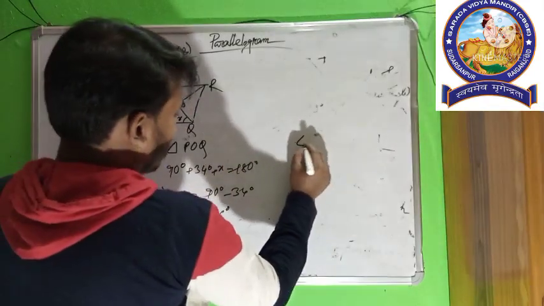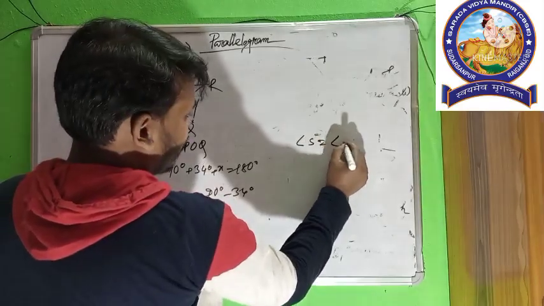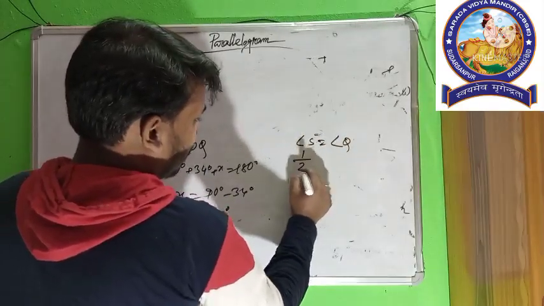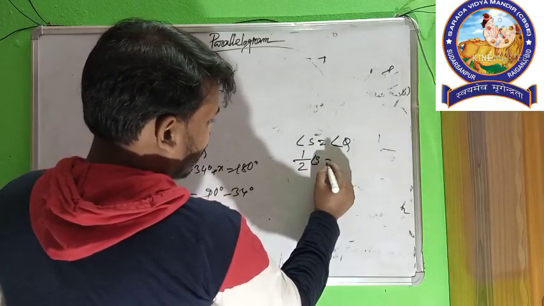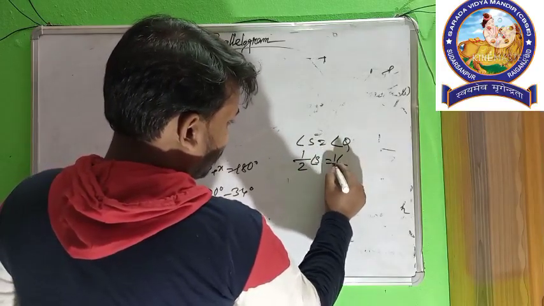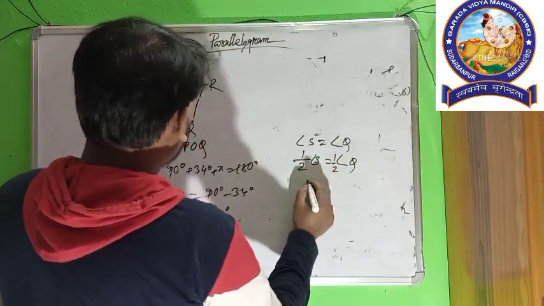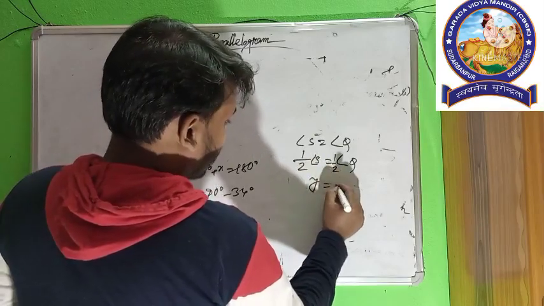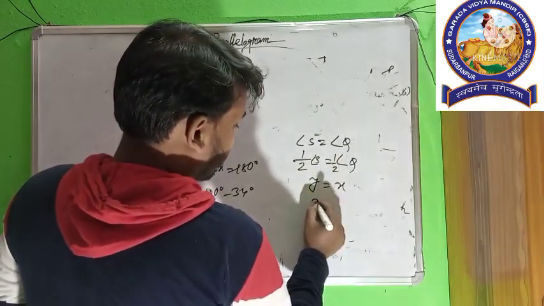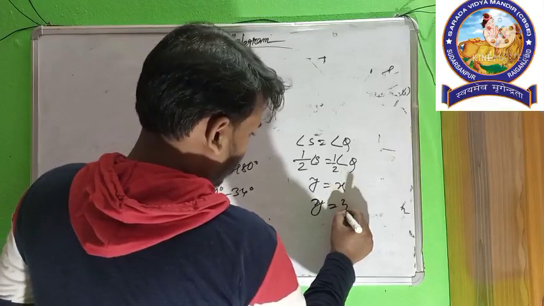Angle S equals angle Q, opposite angles. So if we halve both angles, we also get the same value. Half of S is y, half of Q is x. That means y also equals 56 degrees. Very easy.